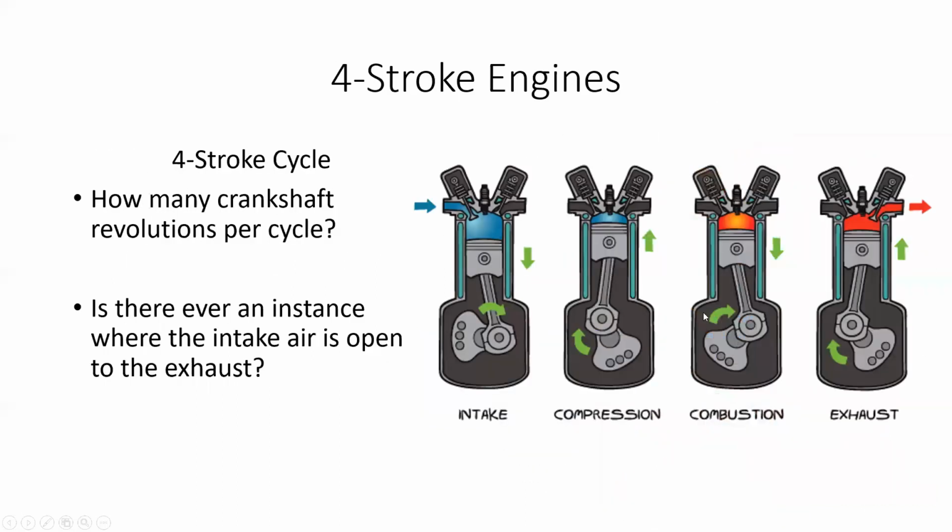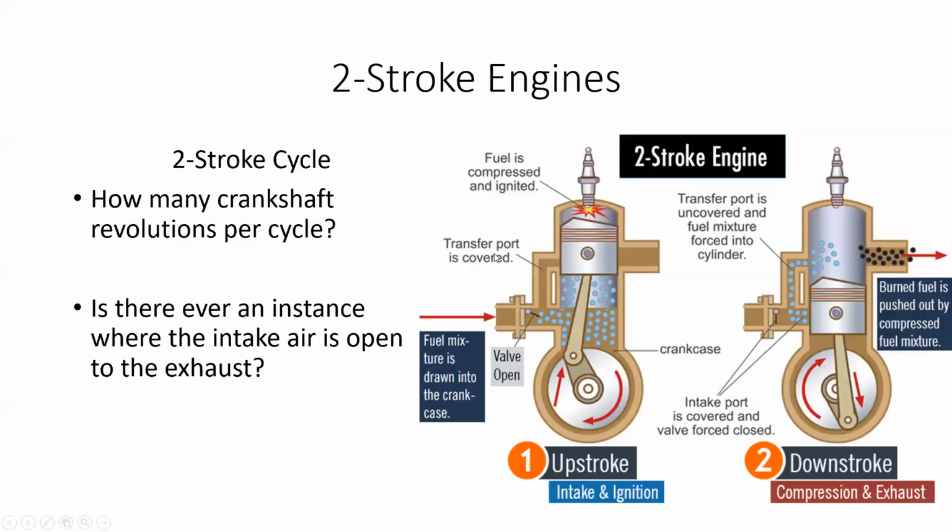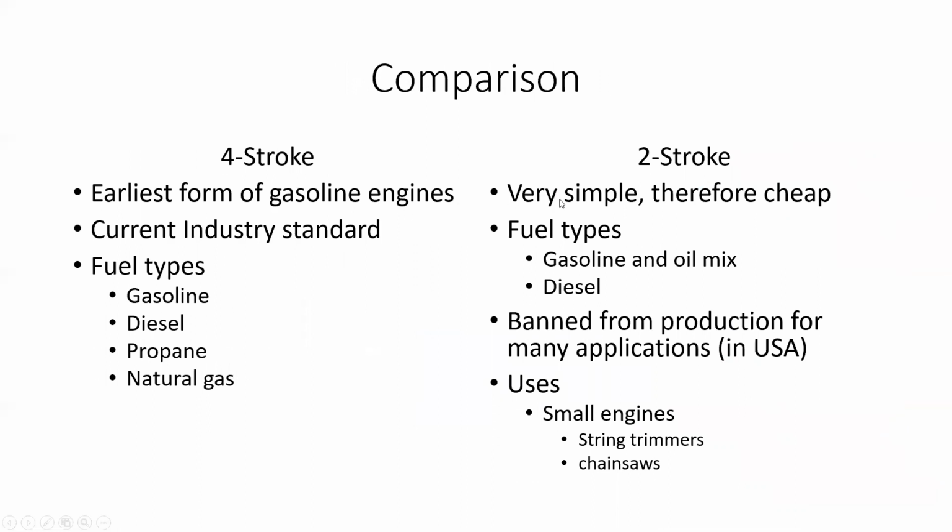When we think about a four-stroke engine, we have intake and exhaust valves that have to open and close at the proper time. It's a complicated setup up here, with a lot more moving parts and things that need to happen at the proper time. So for that reason, a two-stroke engine can be very simple and very cheap. Four-stroke engines started the world of gasoline engines, and two-strokes came along a little later, but are super simple.